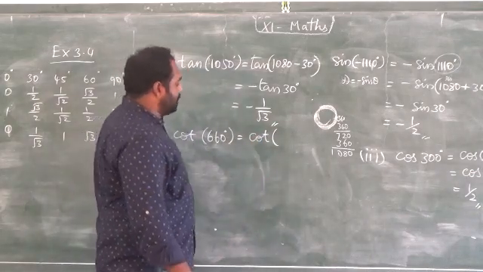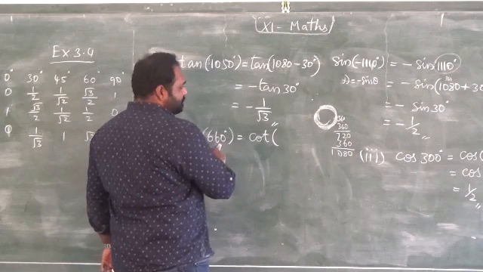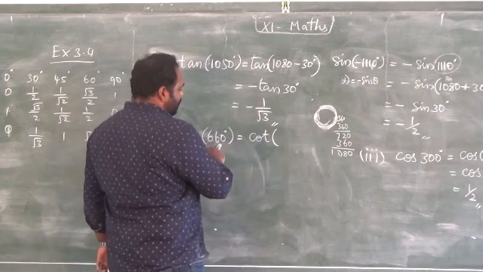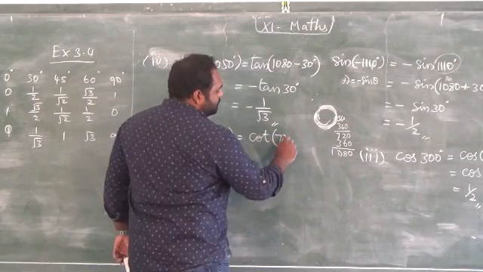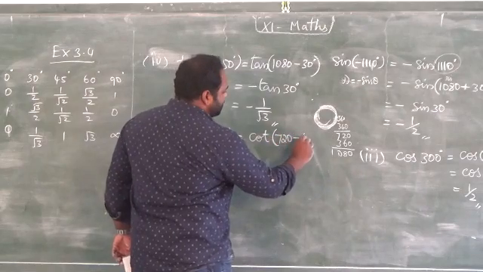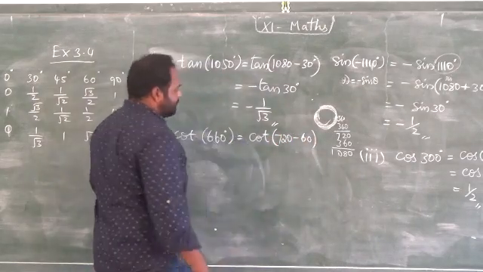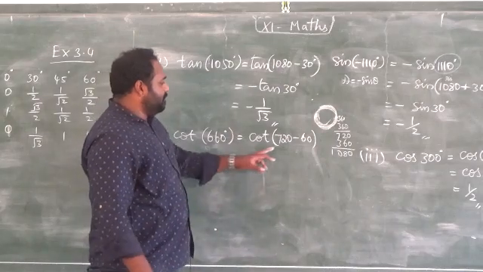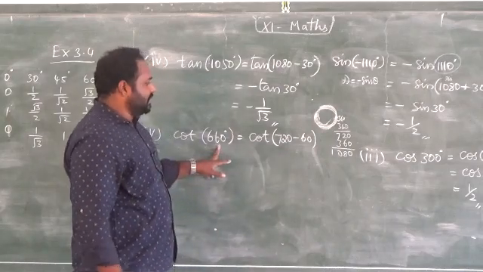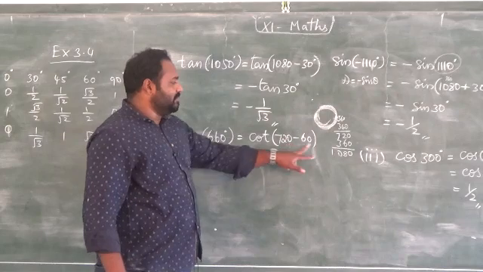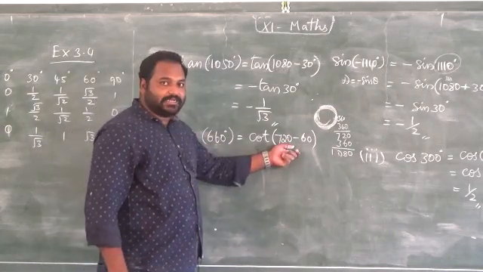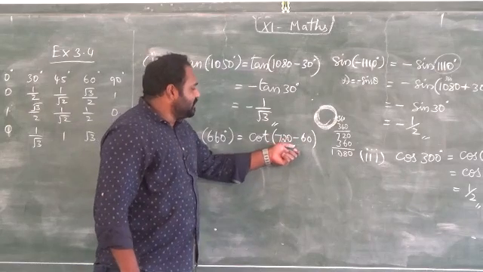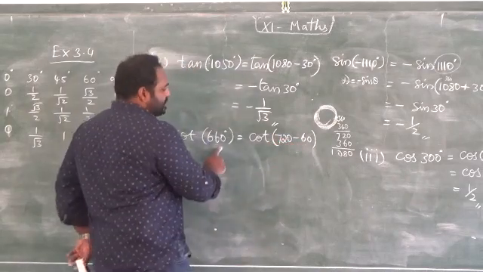If you rotate 2 times completely, it is 720, no? 720 minus 60 is 660, isn't it? So instead of 660, can I write 720 minus 60? Yes, we can write. 720 minus 60 will be 660.